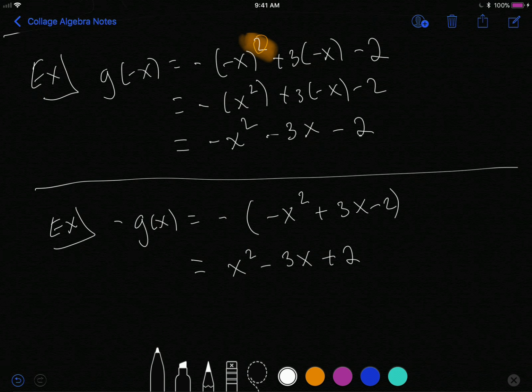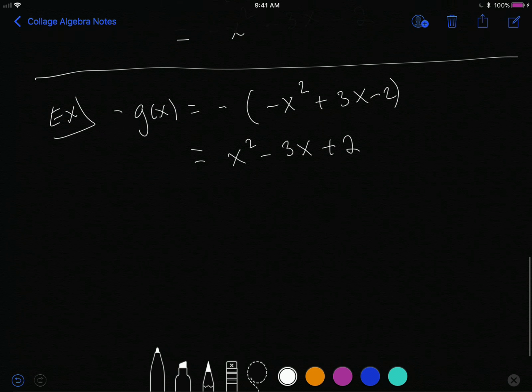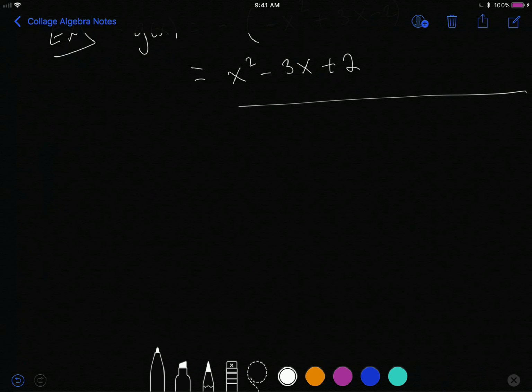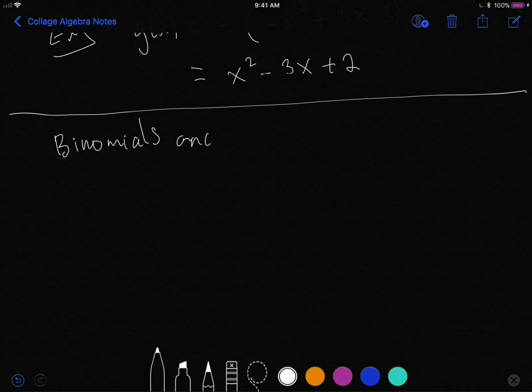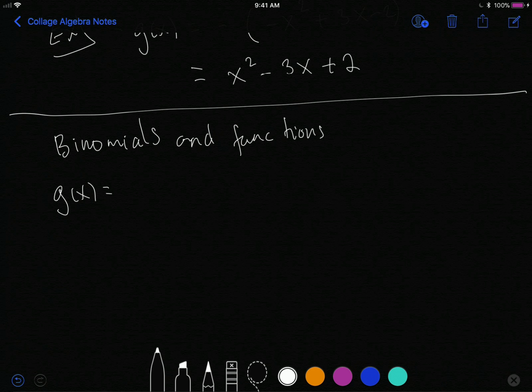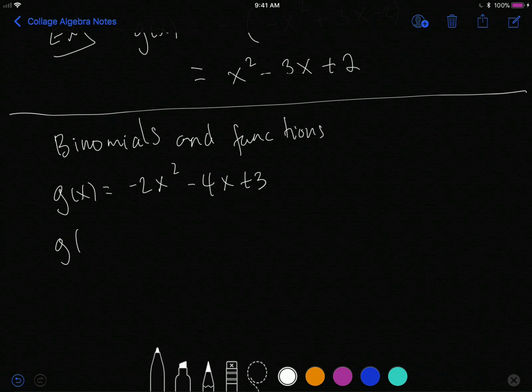The last and the most interesting thing for a function is when I have to plug in something more complex, say a binomial. Say I have g of x is equal to negative 2x squared minus 4x plus 3, and I want to find g of h plus 2.